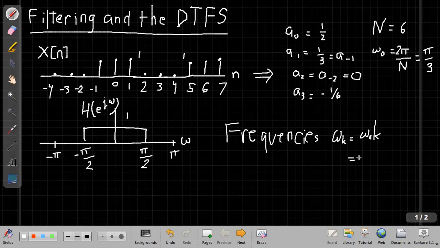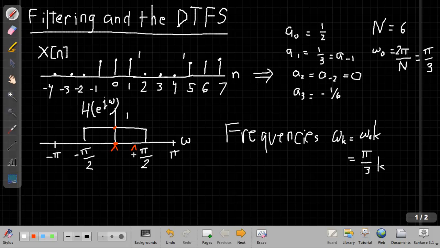So in this case, that would be pi over 3 times k. I'm going to mark these in different colors, with red, to show where we're interested. When k equals 0, this will be at 0, which is right here. So the gain at that point is 1. I guess this should be more like an arrow to show where they are.